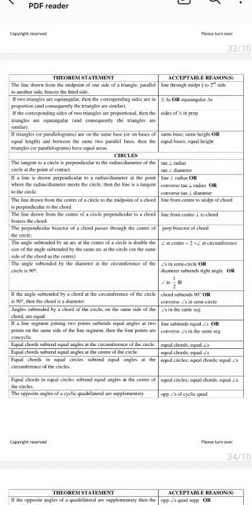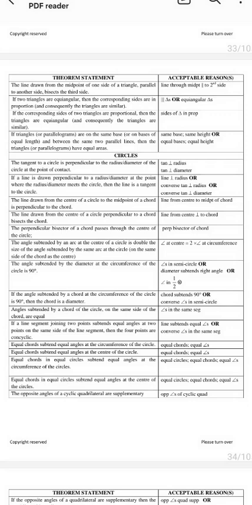Yeah, so there it is, the angles in the same seg. Oh, it's even there. Angles subtended by a chord of the circle on the same side of the chord are equal.